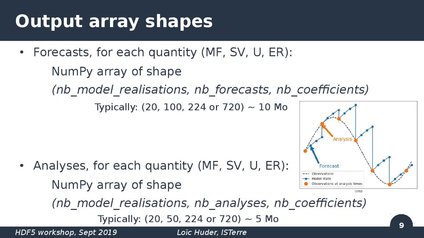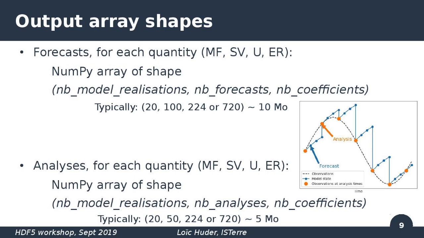This is what we call the model realizations. Typically we have 20 realizations and 100 forecasts, so 1, 2, 3, and so on, up to 200. The number of coefficients is what I showed in the previous slide. So, because we are storing in double precision, we have about 10 megabytes.